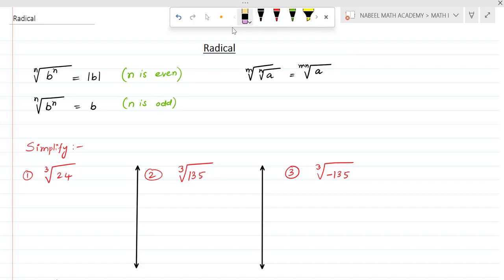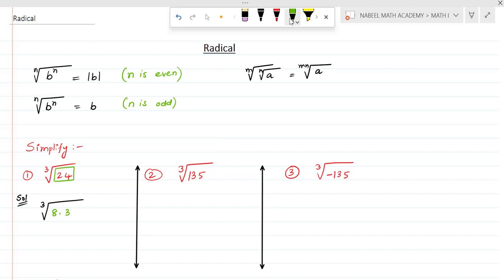So let us solve the problems here. I want to calculate the cube root of 24. So what is the cube root of 24? I have to take the cube root. I can write the number 24 as 8 into 3.